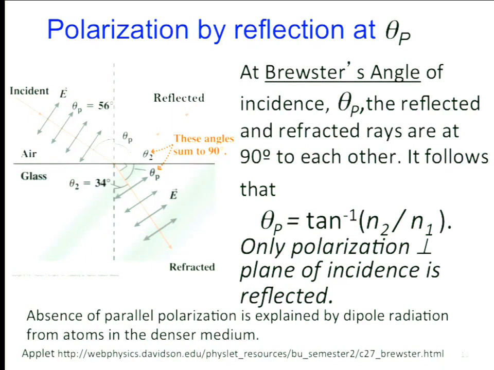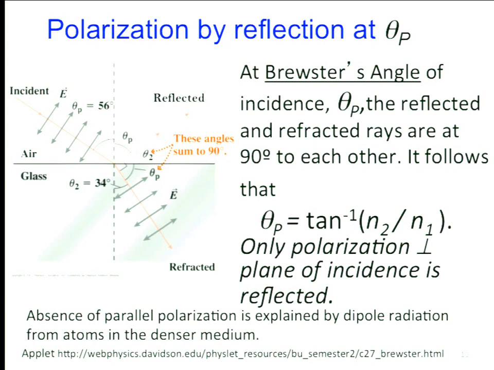N1 sine theta 1 equals N2 sine theta 2. So all you do is you apply that law, but interesting things happen because of this 90-degree angle, and you're going to have a sine of theta, and a sine of 90 is 1, and you're going to build in another story when you have this angle being 90 degrees.